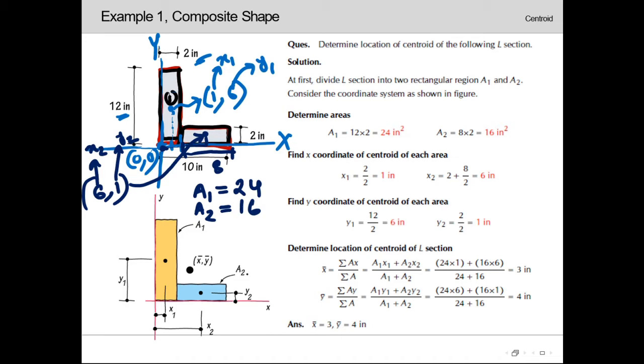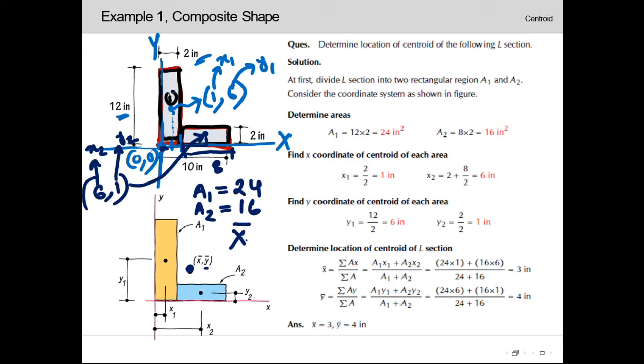Let's see the formula first. The centroid of this full section, consisting of segment 1 and segment 2, is denoted with x bar and y bar. We need to calculate the value of x bar and y bar.